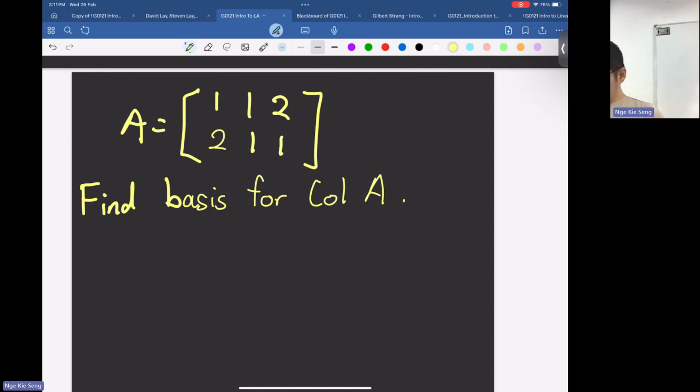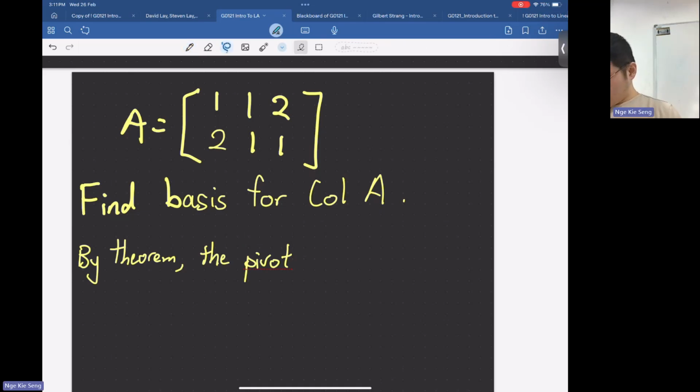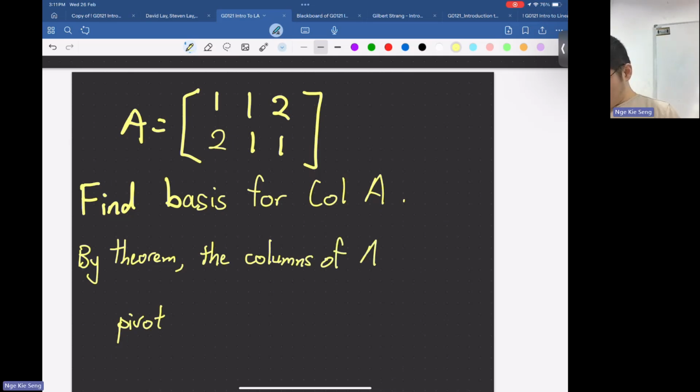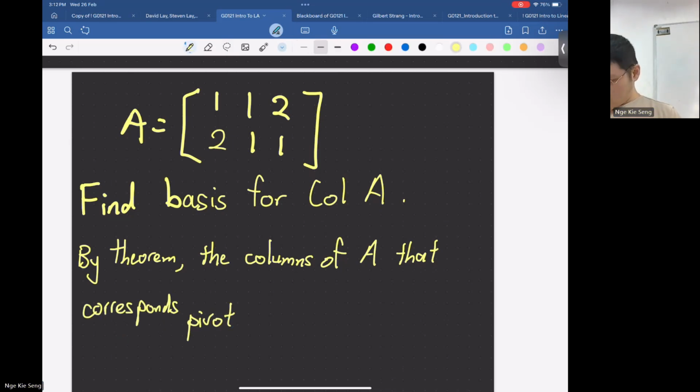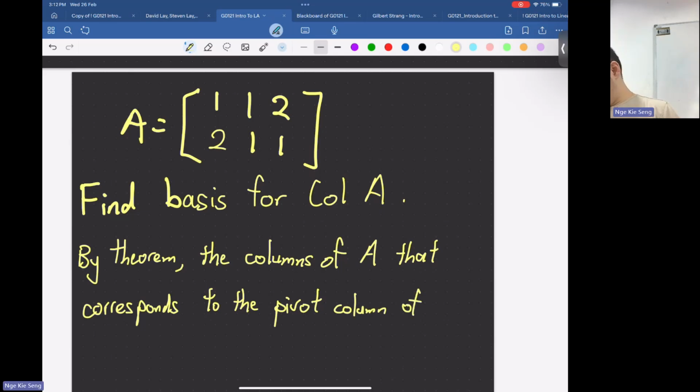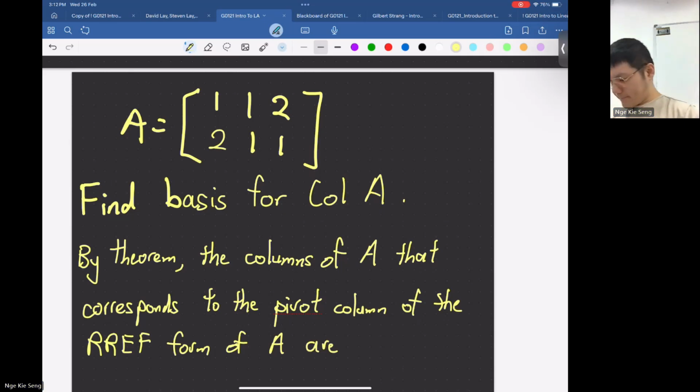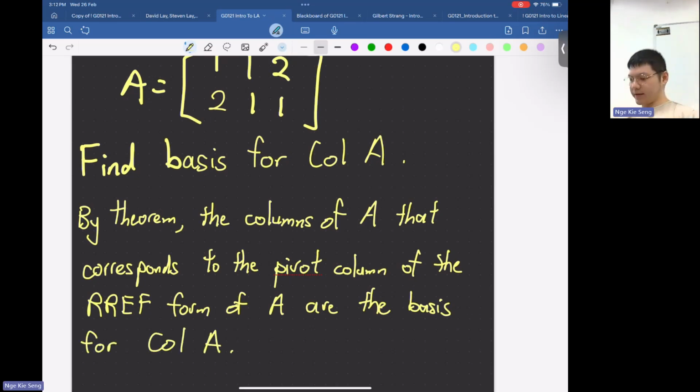Okay, so the theorem is: the columns of A that correspond to the pivot columns of the RREF form of A are the basis for Col A. Okay, so this is a theorem.